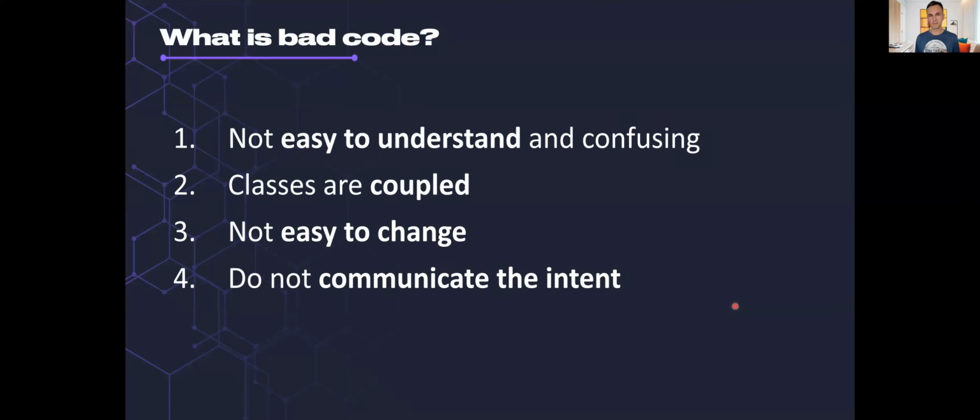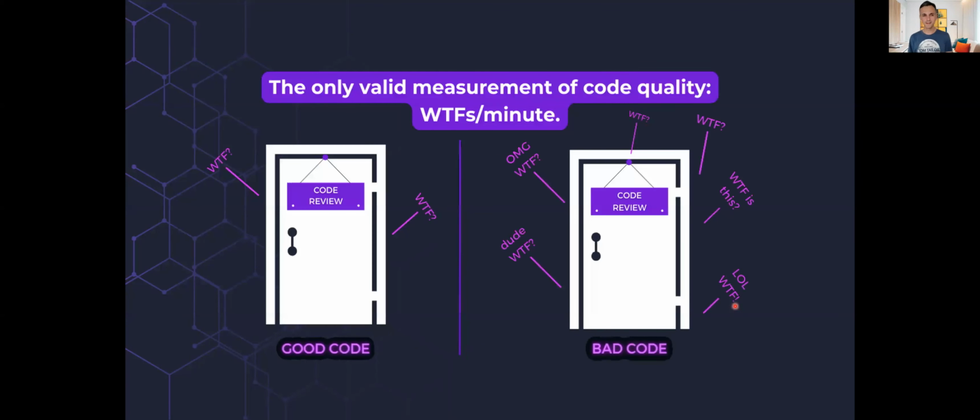So naming is maybe not great and has ambiguous naming. But in the end, we can say the only valid measurement of code quality is number of WTFs per minute. So if you are confused a lot by looking at some code and you don't understand it, there's probably a high probability it's not great code.